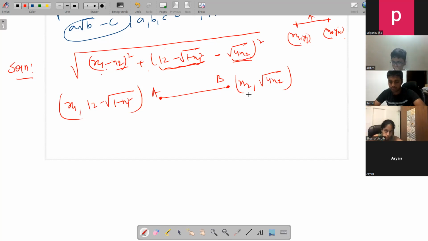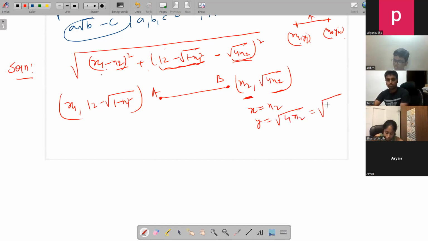See, this is like x2 comma under root 4x2. Suppose this is the x coordinate and this is the y coordinate. So x is x2 and y is under root 4x2.